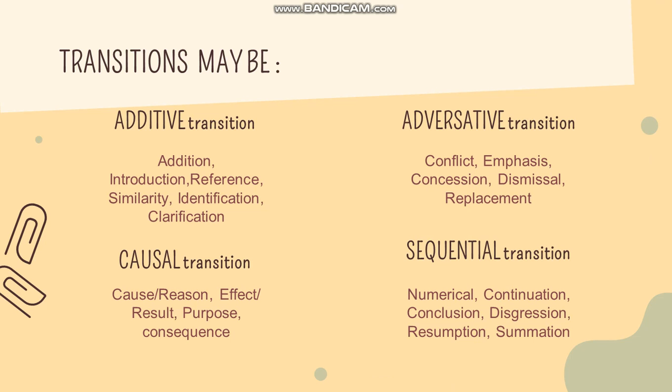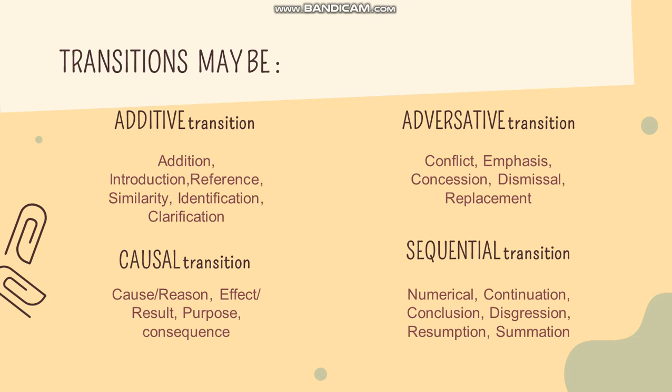Causal transition: cause, being that, as, and for; effect and result, as a result, so, hence; purpose, for the purpose of, in order to; and consequence, if so, then, if not, and even if.